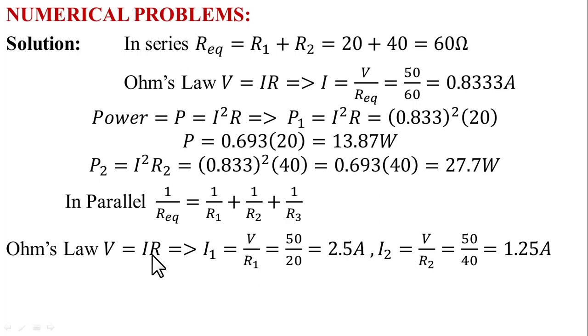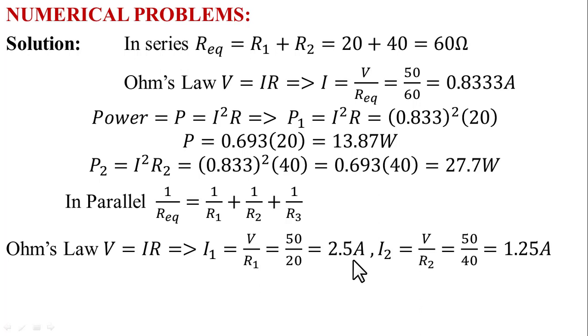In a parallel combination, current will be distributed between R1 and R2, and voltage will be the same. So current I1 is equal to V upon R1, that will be equal to 50 divided by 20, that is equal to 2.5 ampere.